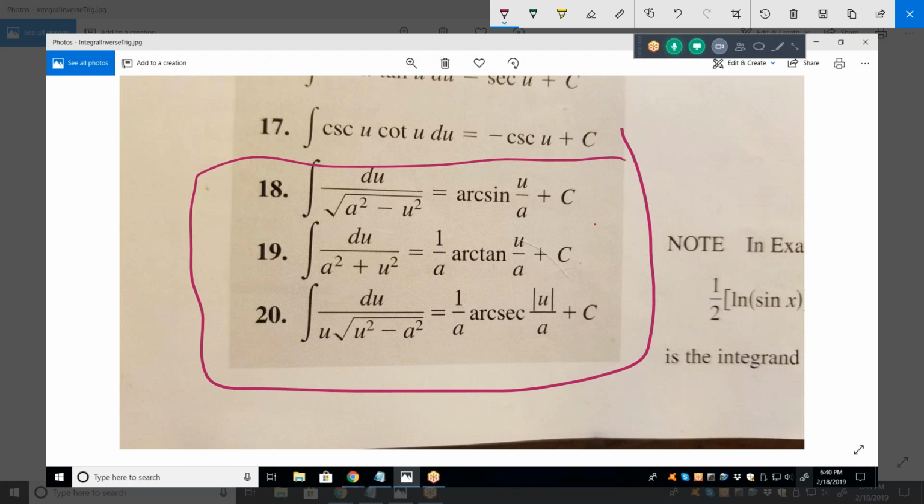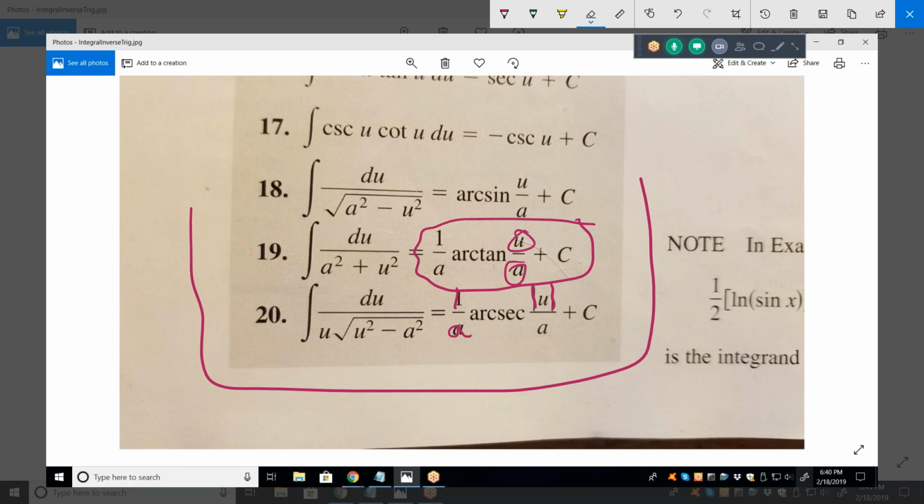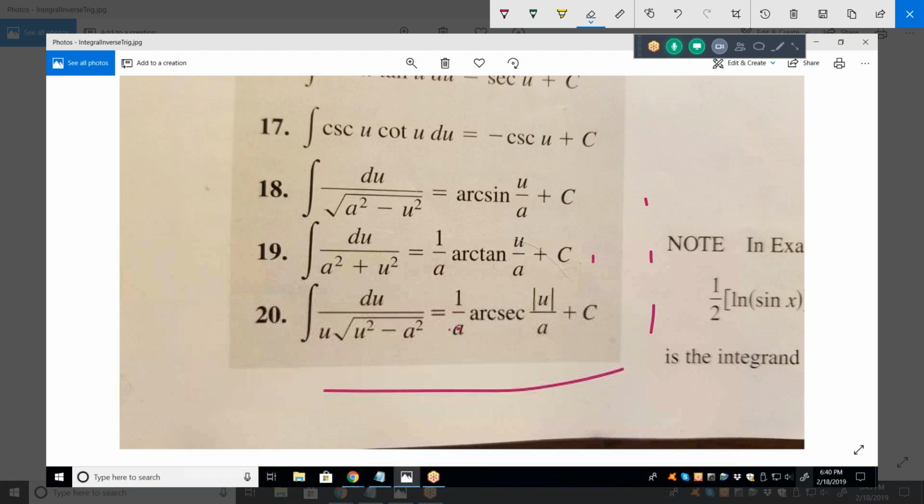Notice the arc tan has a 1 over a out in front, and it still has the u over a. And the arc secant has the absolute value of u over a, and also a 1 over a out front. So for anything where you're going to use inverse trig functions to answer the integral, you want these 3 formulas.